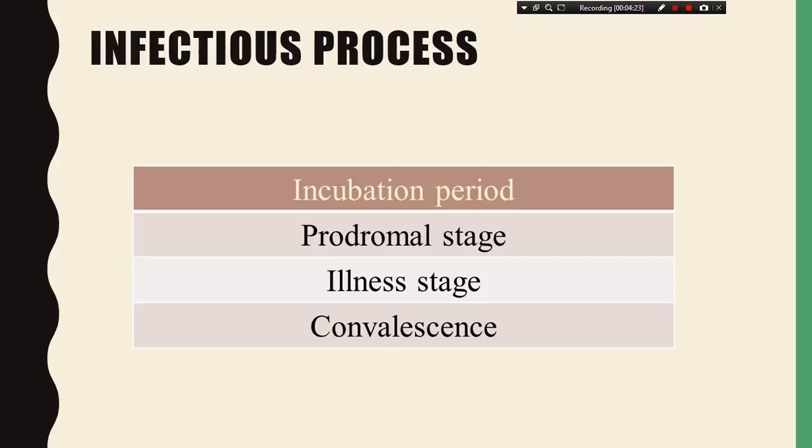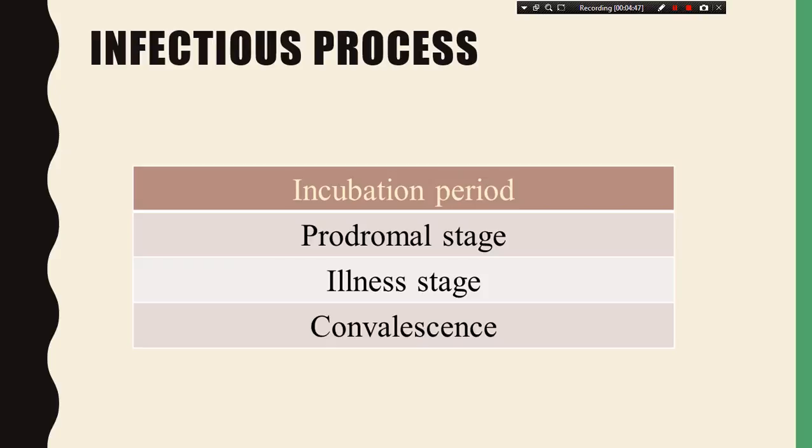The courses of infection by stage include the incubation period, prodromal stage, illness stage, and convalescence. The incubation period varies with disease and is the interval between the entrance of the pathogen into the body and the appearance of first symptoms. The prodromal stage has more specific symptoms.